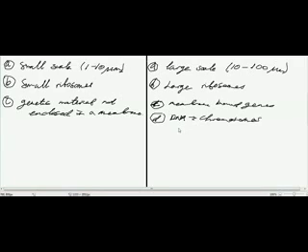Also, it's combined with histones to form chromatin.